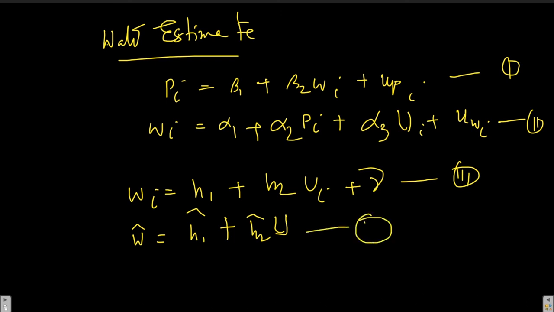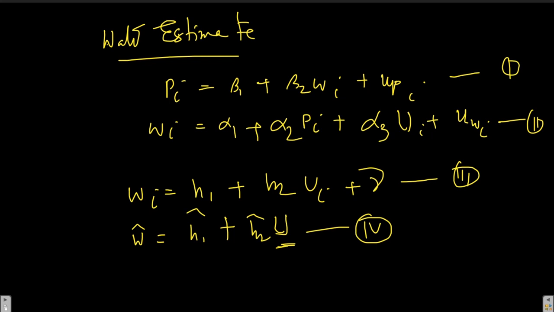Now, in this case, we'll do things a little differently. Instead of substituting W hat into the first equation, I'm going to use the IV, the U, directly in the first equation.